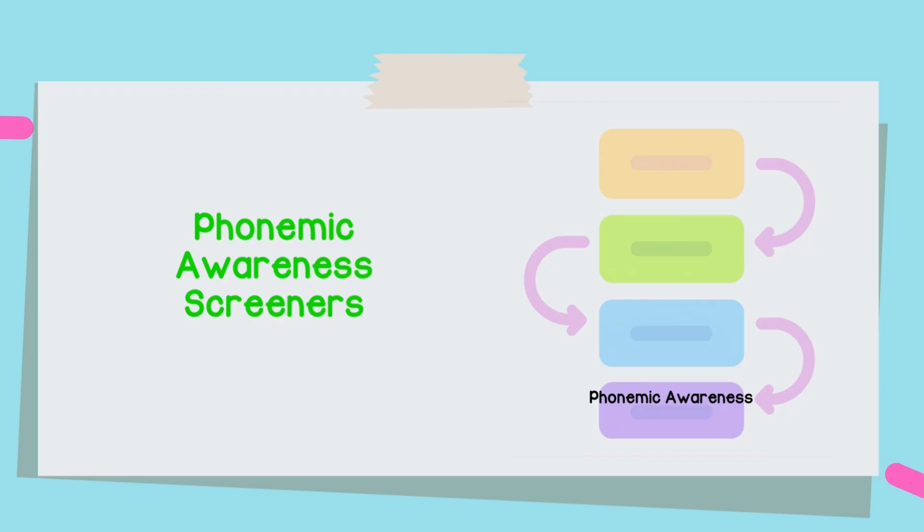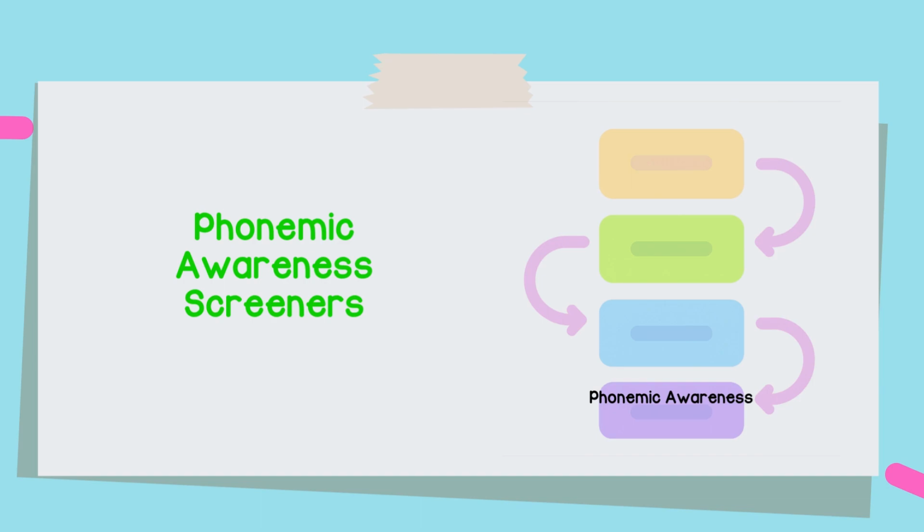Instructional examples based on phonemic awareness data. These are some examples of what it would look like. If a student cannot blend 2 phoneme words, then begin with continuous sounds. So if they can't blend at, for example, you might begin with continuous sounds like m or s.